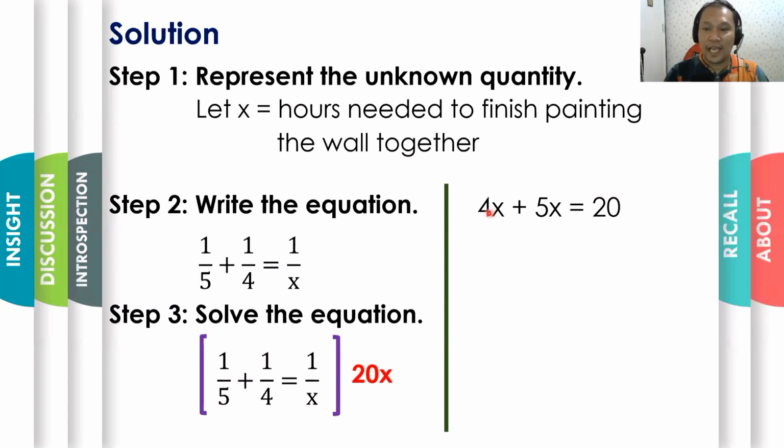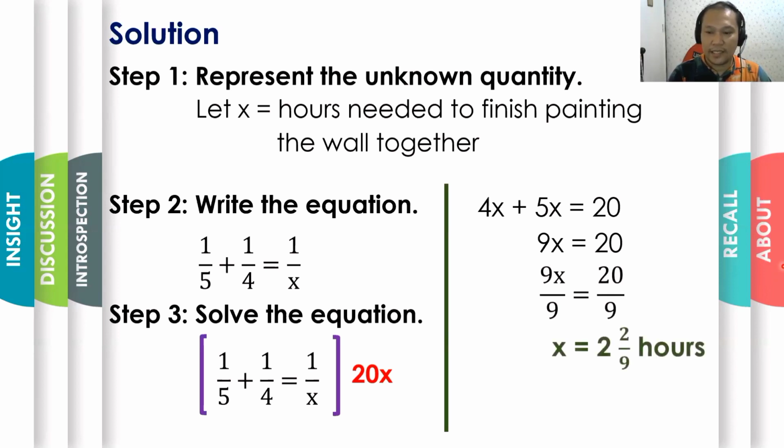Then after that, get the sum. 4x plus 5x, we do have 9x is equal to 20. Then the numerical coefficient here is 9. Therefore, divide both sides by 9. Thus, x is now equal to 2 and 2/9 hours.